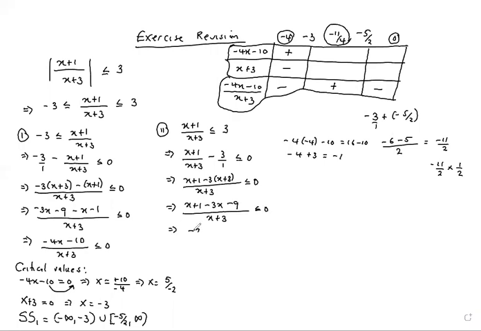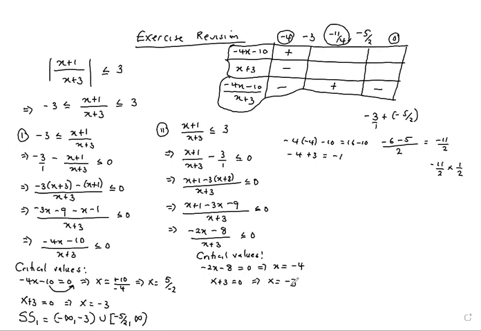Simplified version is -2x minus 8 over x plus 3 less or equal to 0. Critical values also here. We have -2x minus 8 equated to 0, giving us x is equal to -4. Also x plus 3 equal to 0, giving us x is equal to -3.